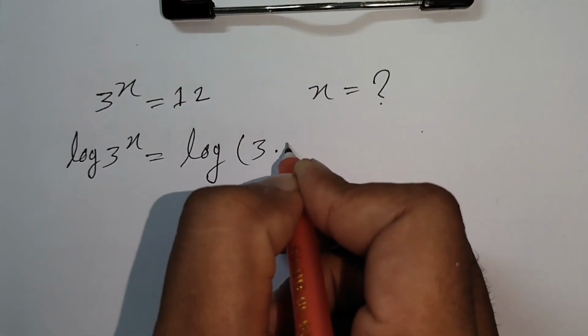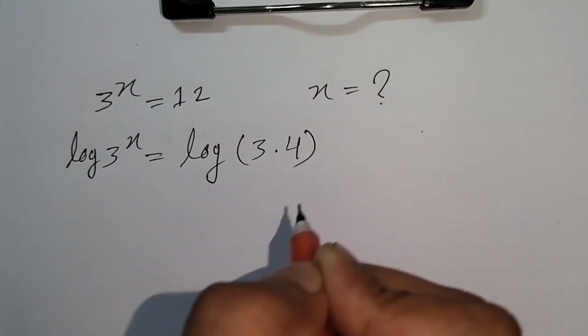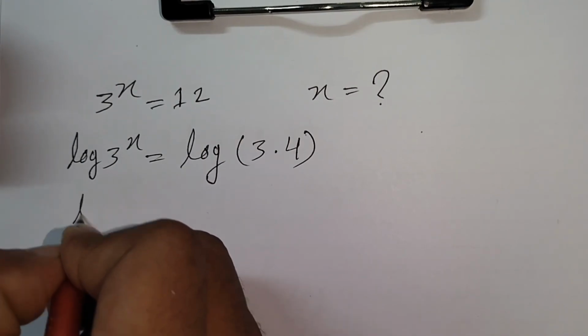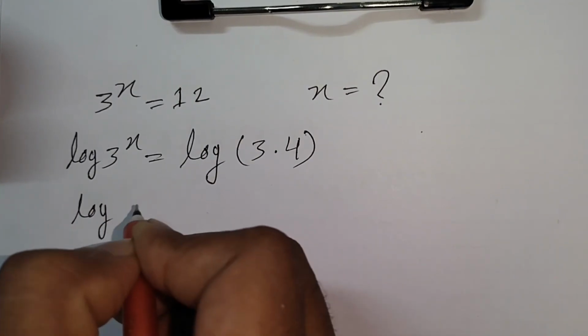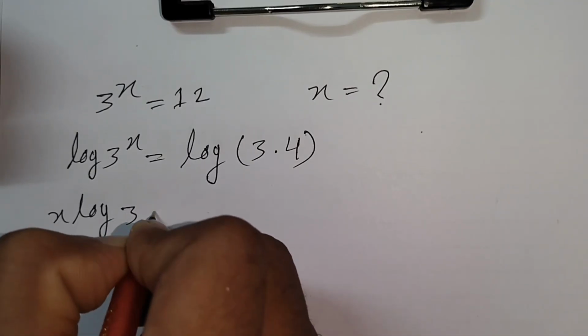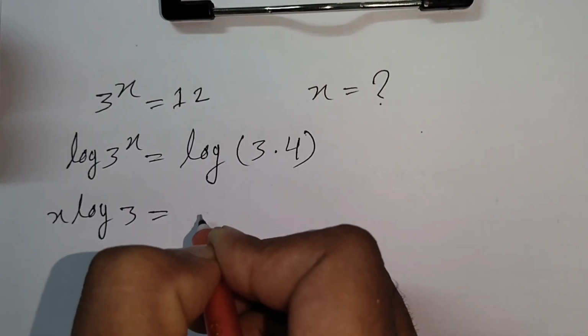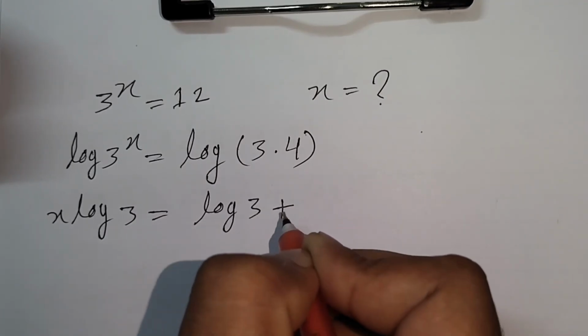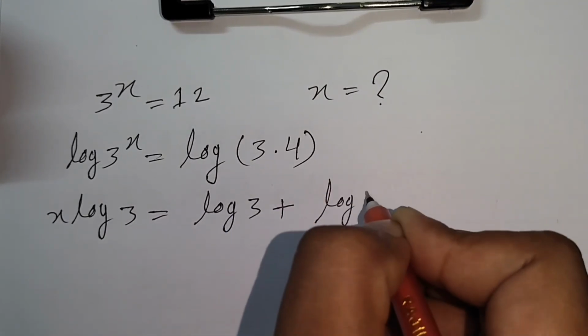So x log 3 is equal to log 3 plus log 4.